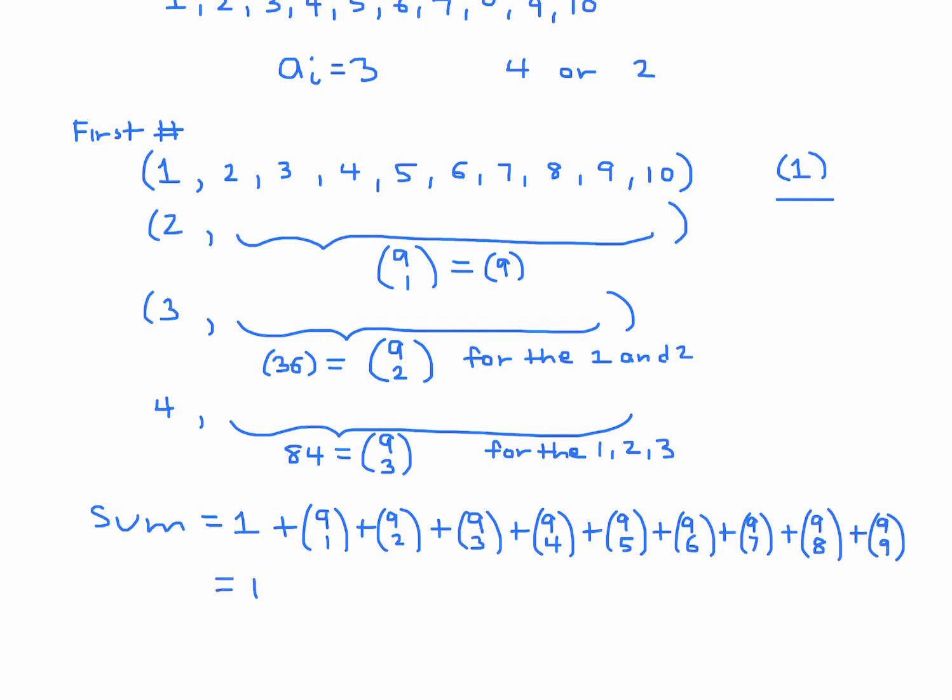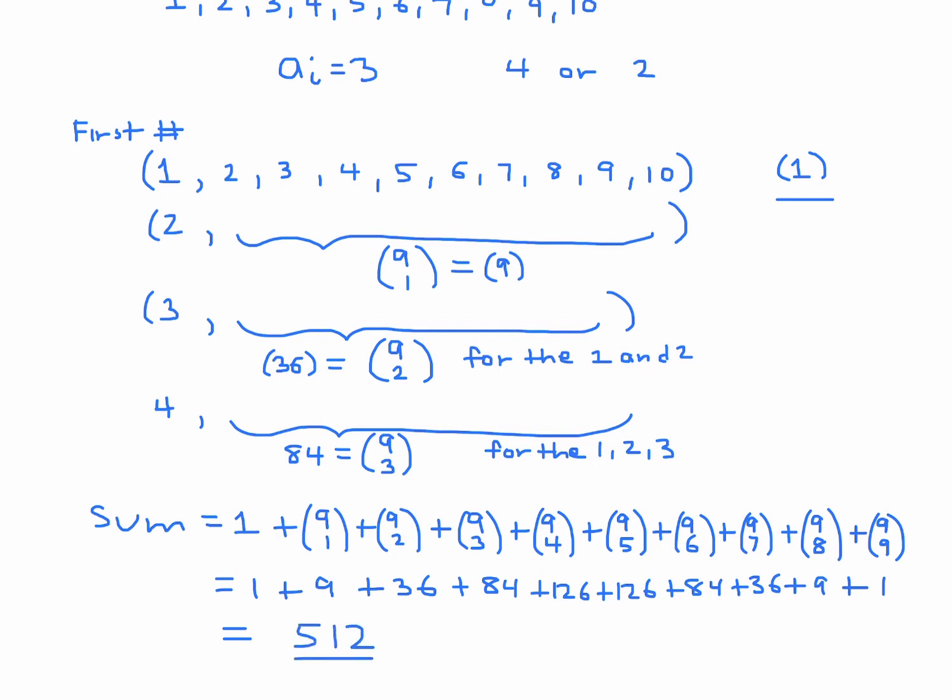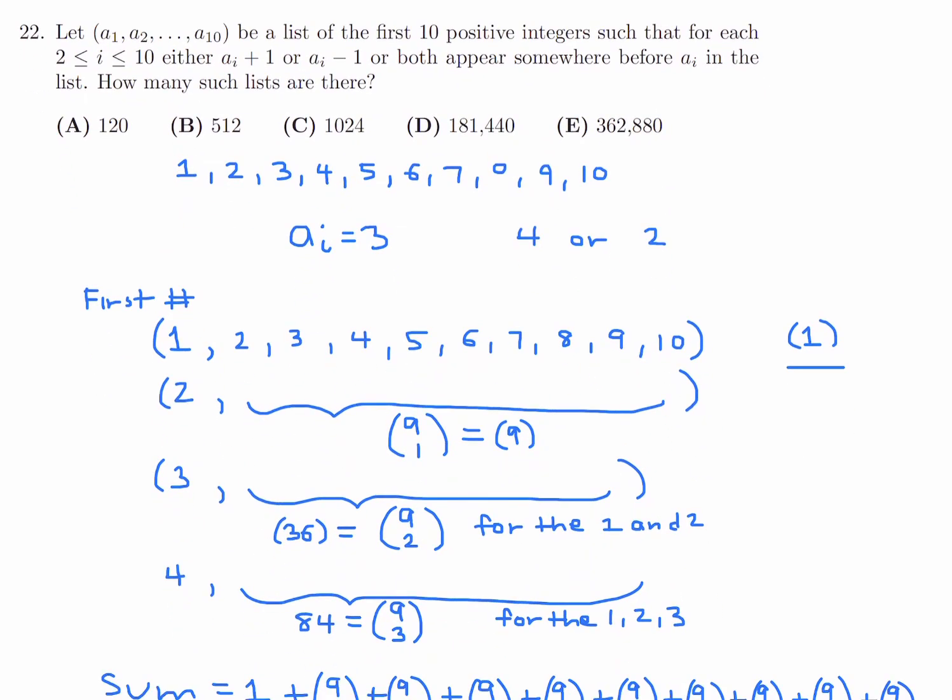And that is 1 plus 9 plus 36 plus 84 plus 126 plus 126 plus 84 plus 36 plus 9 and plus 1. So the good news about these is that they kind of rise and fall in the same way. It saves a little bit of time. And when you add it all up, it's 512. So 512 is the answer to number 22, and that makes it choice B.